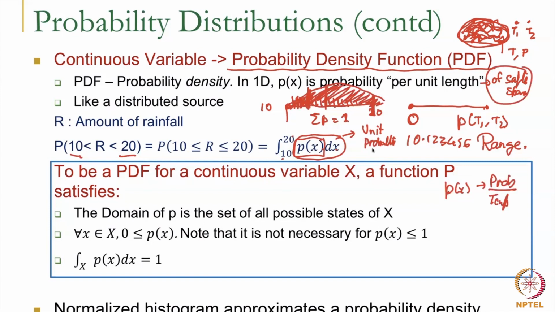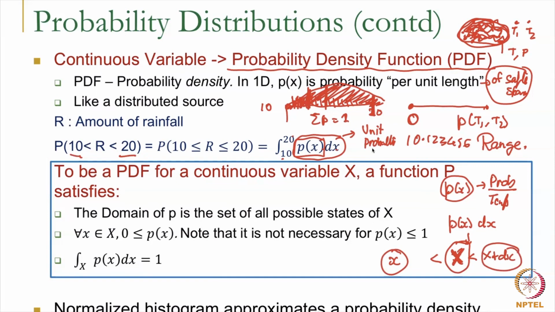Now, what it means in finite terms is, if you multiply P of x by dx, it tells you the probability that capital X lies between the value x and x plus dx. So notice this is the random variable, and these are the two values.